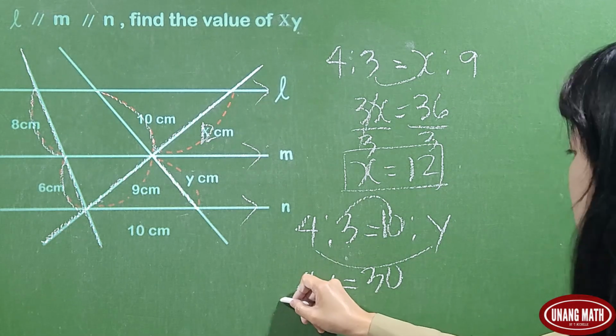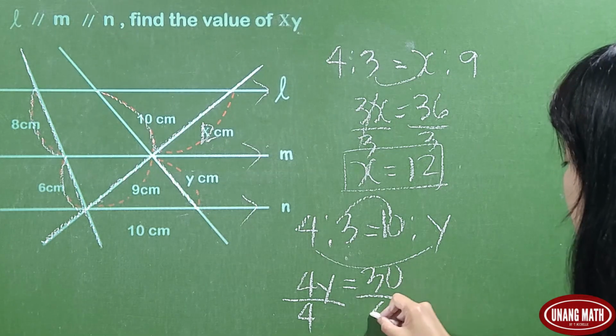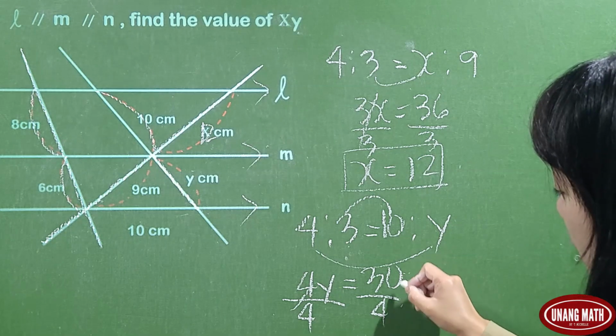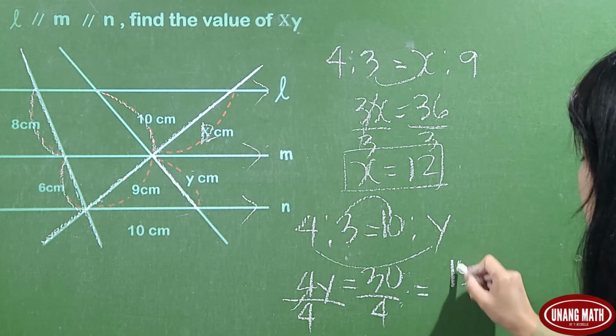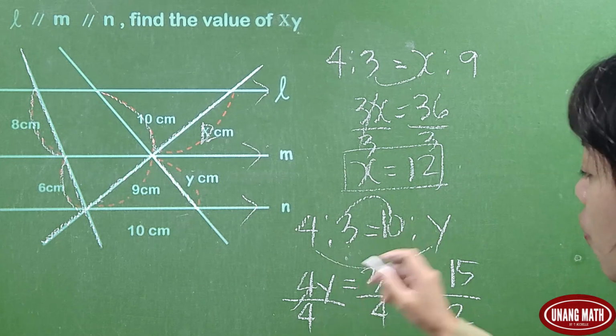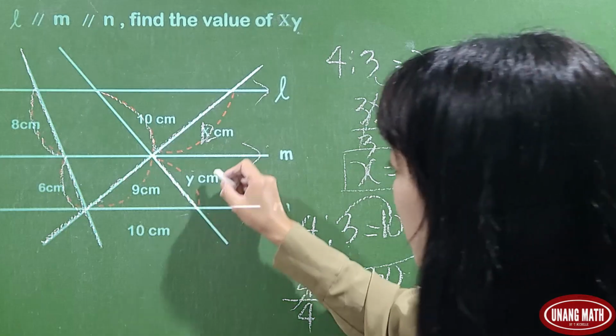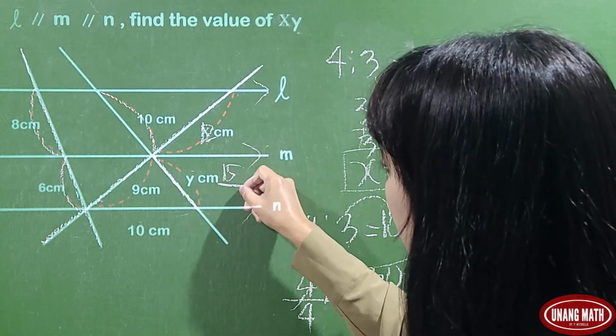Let's simplify. Divide both numbers by 2. So this is now 15 over 2. So Y is 15 over 2.